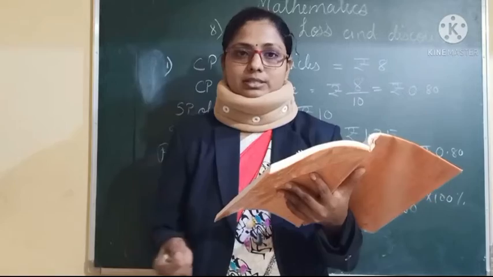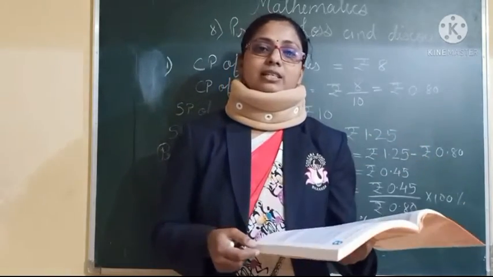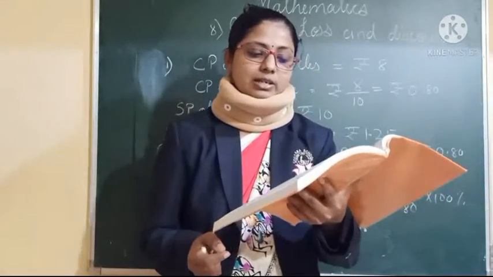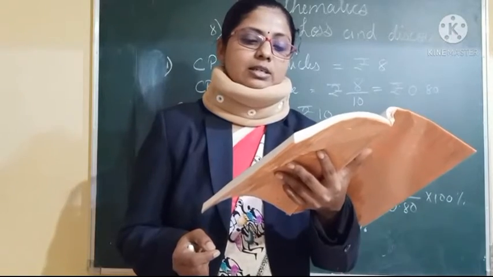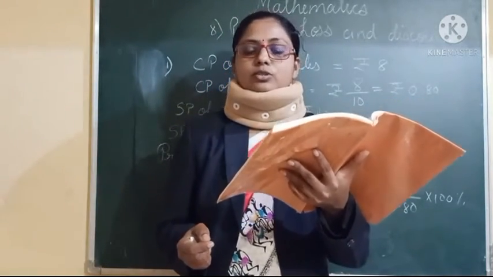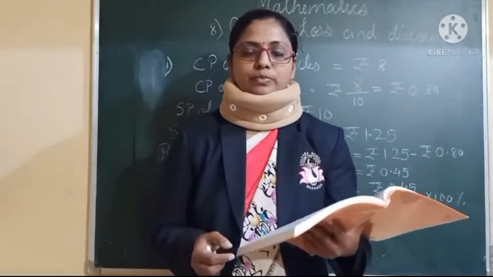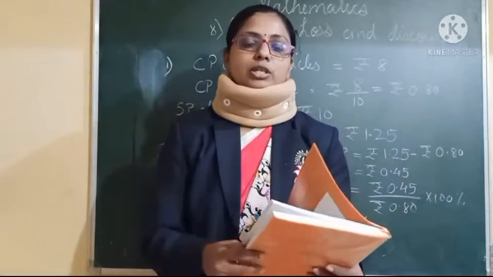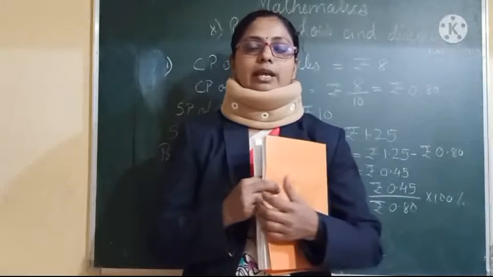Find the gain percent. Also find the number of articles bought and sold in order to gain rupees 144. So this is our question, how are we going to solve it?